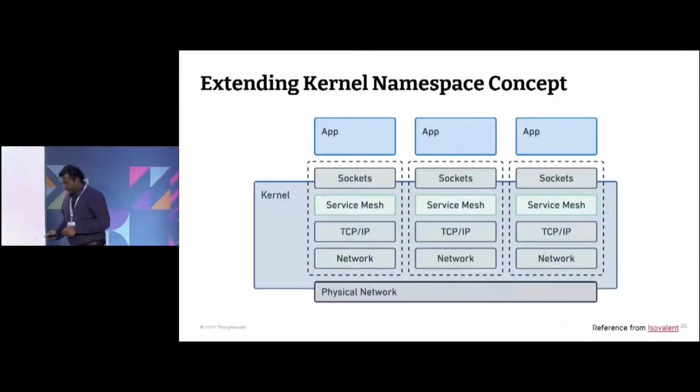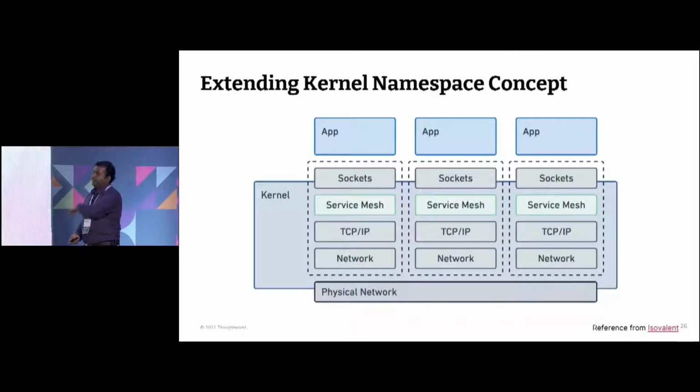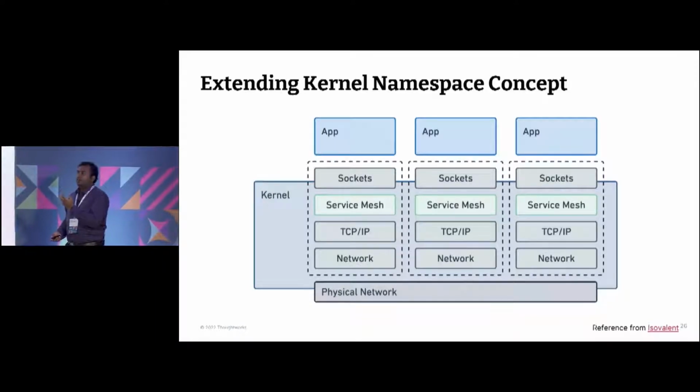As I said, several of the features that were there for service mesh were already implemented by Cilium. So the missing piece was how to add a level 7 capability. Most service mesh users use service mesh to gather level 7 stats.